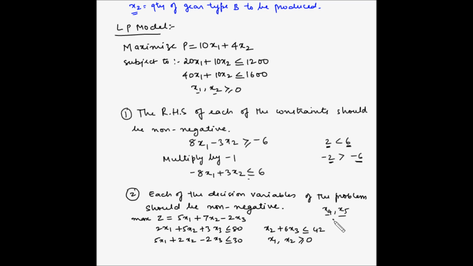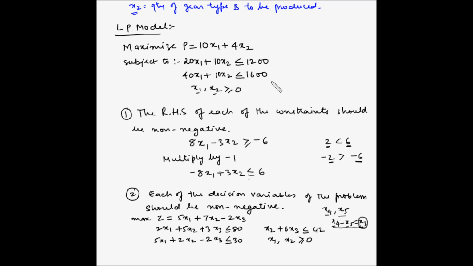So x4 minus x5 is equal to x3. Basically the problem was that we had x3 as one of the decision variables which could take any value, a 0 or a negative value. However, we will replace this variable by two new variables which are non-negative, and the difference between the two will be equal to the other variable, that is x3.